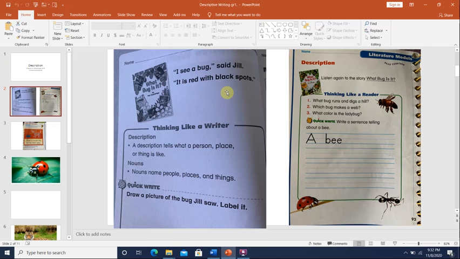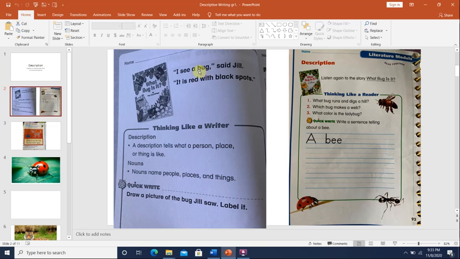So if you say, I see a bug, a lot of bugs will come into my head. But if you describe it or tell me what it looks like or give me more details about it, I can imagine what bug you're telling me about.